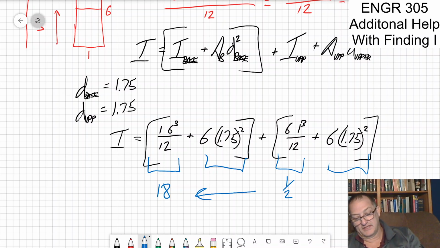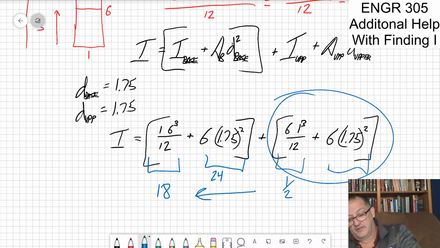This 6.175 squared, if I just say that's equal to 4, this is equal to another 24, so that shift is big. So causing me to shift the axis up makes that a big deal too. I just want you to get a sense of how those things contribute.